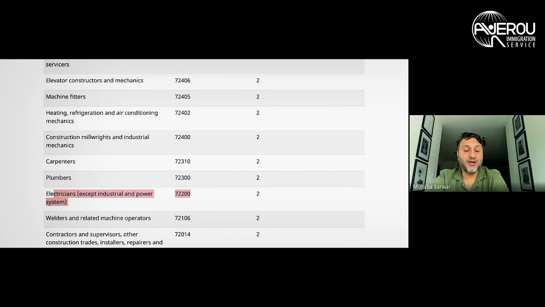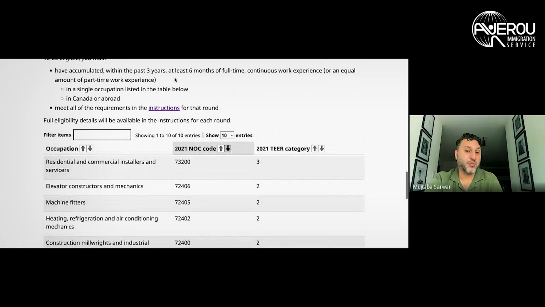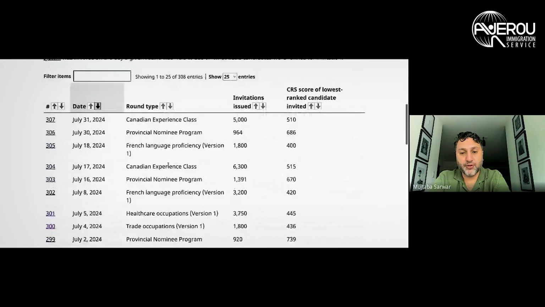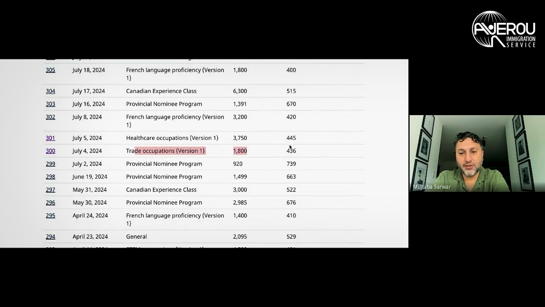And so our advice for him, because he still has a lot of time left on his PGWP, was to try to switch his work from industrial electrician to electrician, do that for 6 months, and then since he already qualifies for the federal skilled worker program, all he needs is to work 6 more months as an electrician, and then he would be part of the trade category.